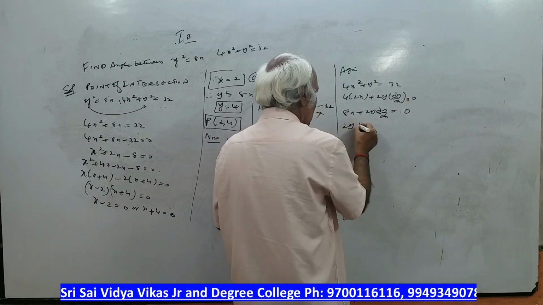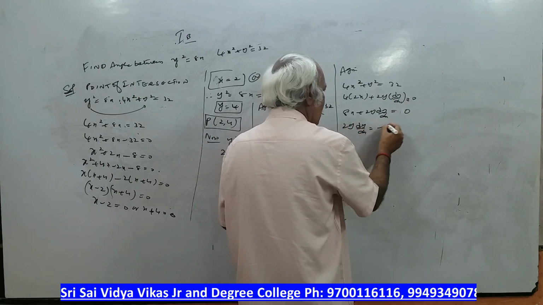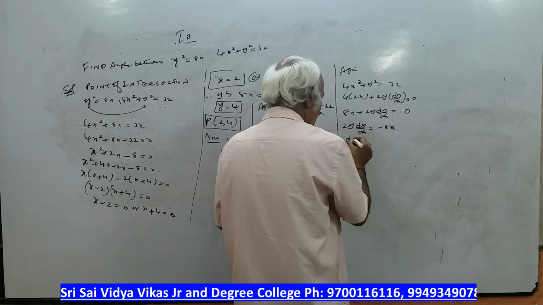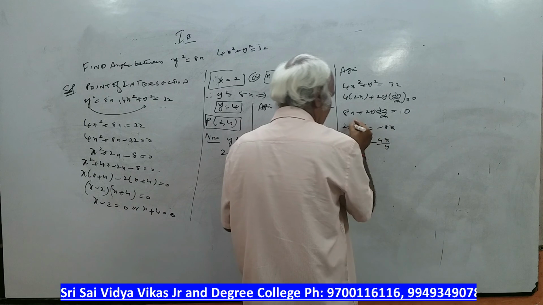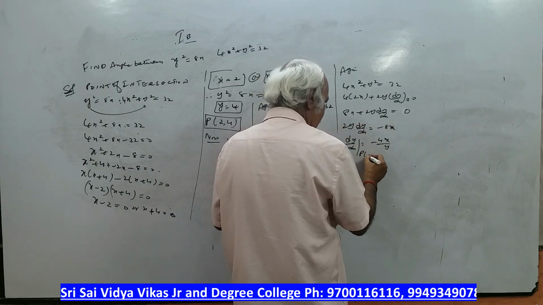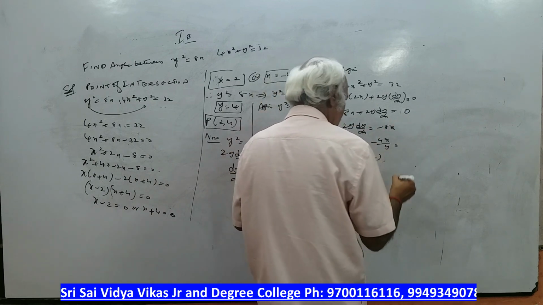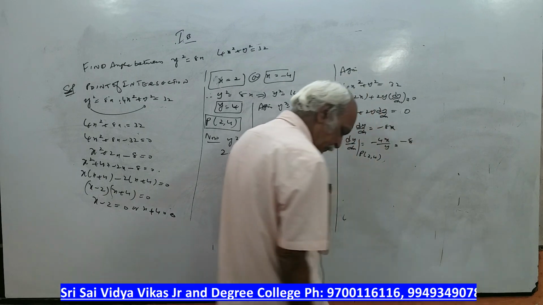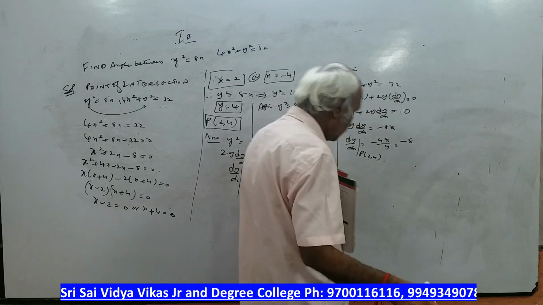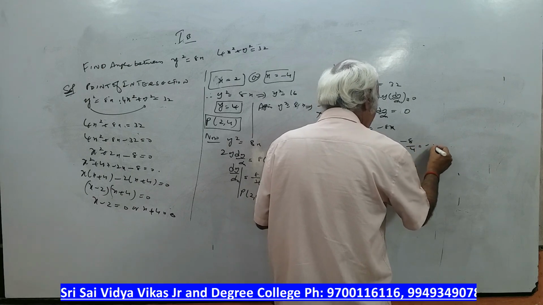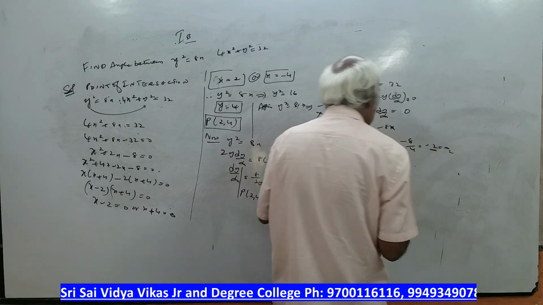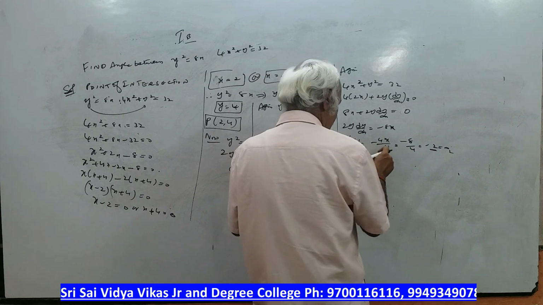Therefore, dy by dx is equal to minus 4x by y, because 2 will get cancelled. What is the point? 2 comma 4. So this becomes 4 into minus 2, minus 8 by 4. What is the value we get? Minus 2, so here y value is 4.